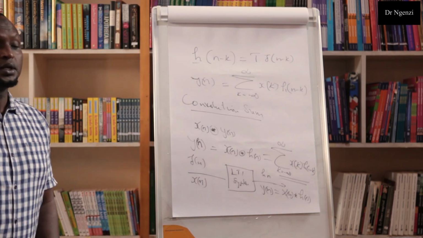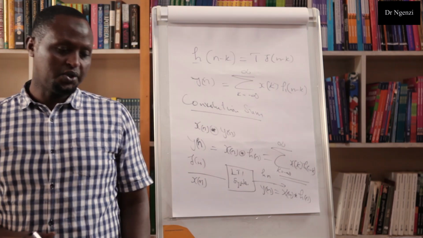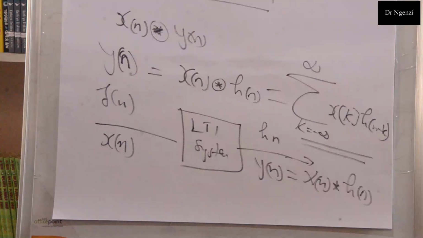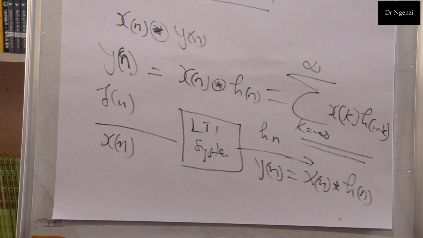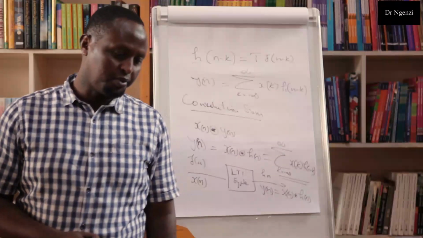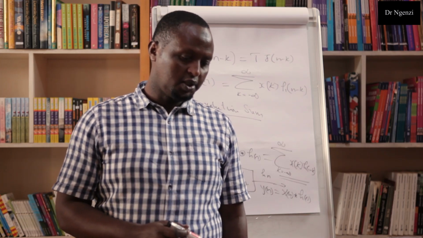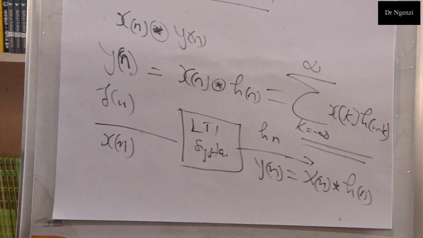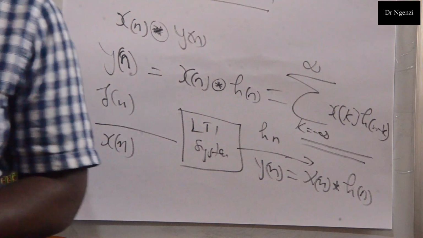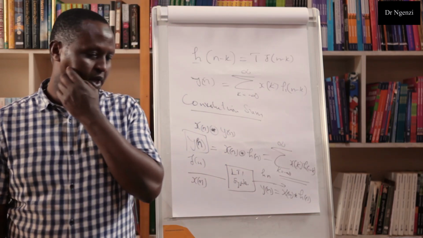So this is very, very important to note for any operation that is done by using the linear time invariant system, with different signals, you can easily determine the output of the systems. So if you want to get the output of the system, which is y, the response of the output, then you can easily determine those values.